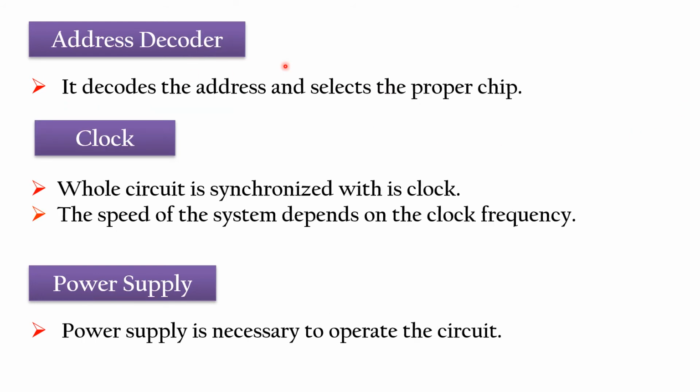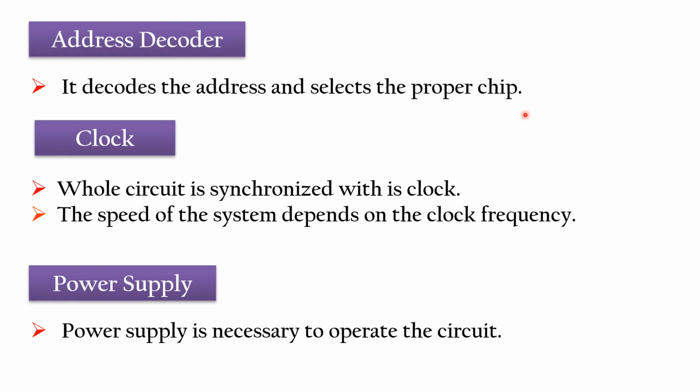Okay. So the address decoder block, what is the function of that? It decodes the address and selects the proper chip. Every IC has a particular address, so it selects the proper chip where the data has to be delivered, written in, or read from.